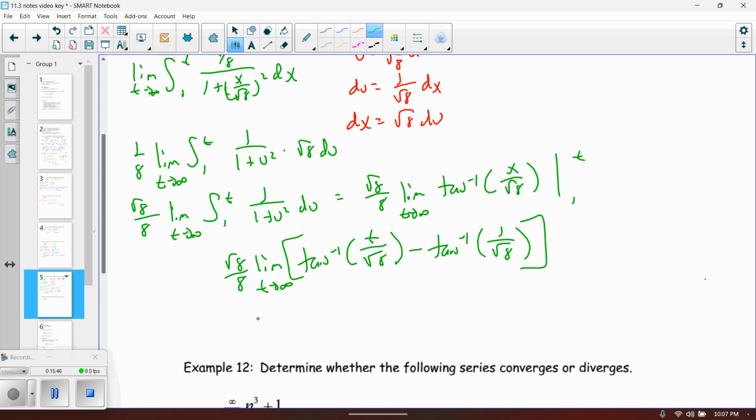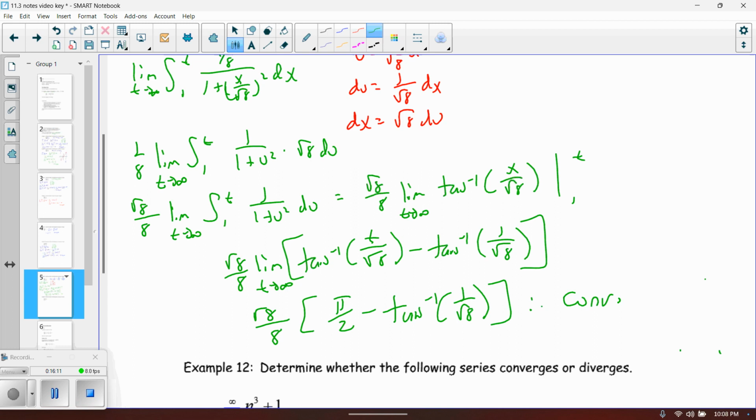So ultimately what I would get here is root 8 over 8 times pi halves minus whatever inverse tangent of 1 over root 8 is. The only thing that matters there, this is a finite number. And because this is a finite number, this one is convergent.